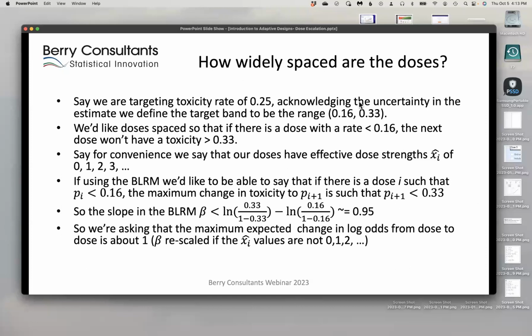The implication of that is that you'd really want the doses spaced so that if you've got a dose with a rate that's below the target, then the next dose shouldn't have a toxicity rate that's above the target, so that you miss the band altogether. So the doses ought to be sufficiently closely spaced that we don't miss our target band.